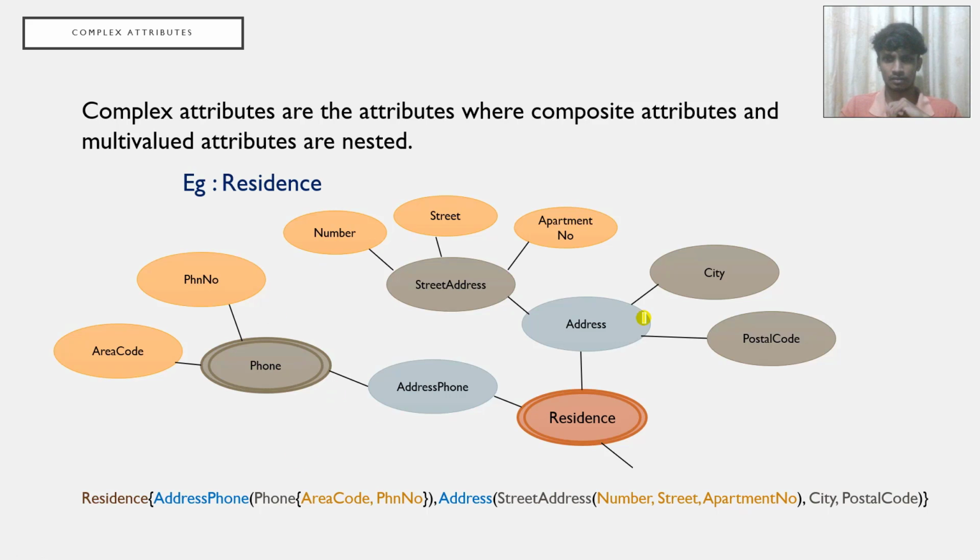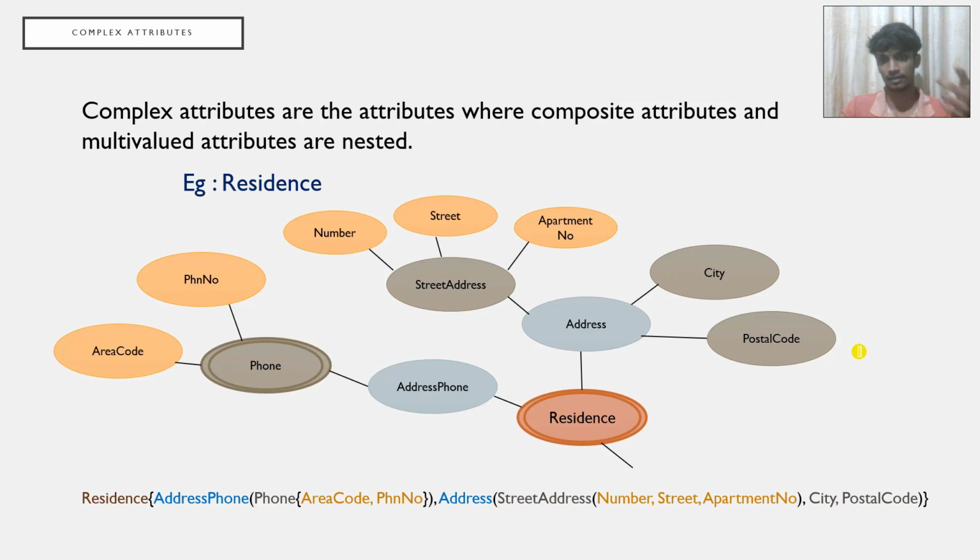I think I have been given colors for each attribute, so it will be easier to understand. So address, phone is the first branching state. Then address phone has another multi-valued attribute, because phone is itself a multi-valued attribute. So phone will have phone number and area code. That is one branch.